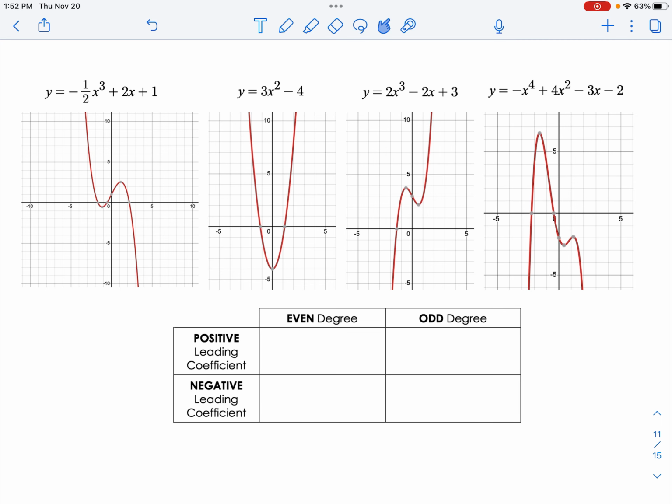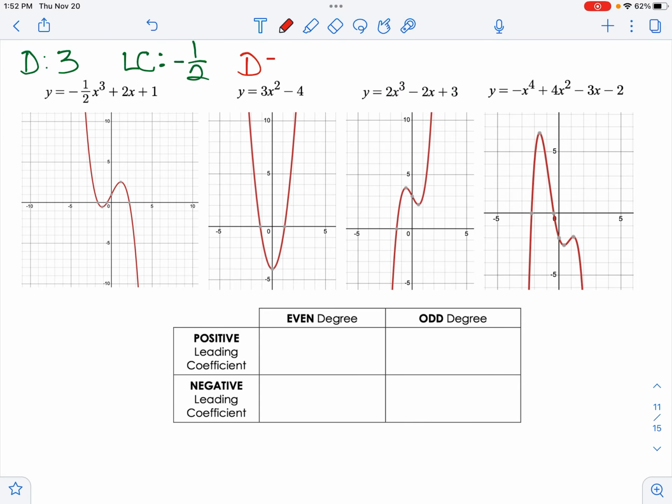So this first graph up here, I'm going to put degree 3, okay? And this one has a leading coefficient of -1/2, okay?